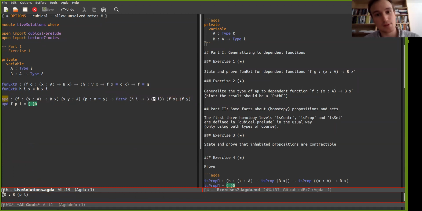As I varies from 0 to 1, P of I varies from X to Y. So this goes from B of X to B of Y, and on the endpoints, this is well typed.